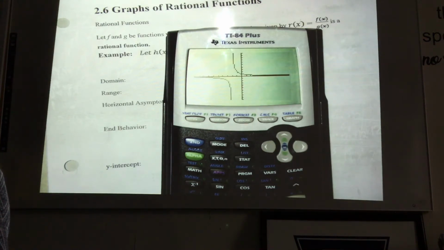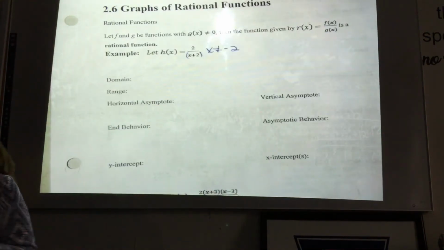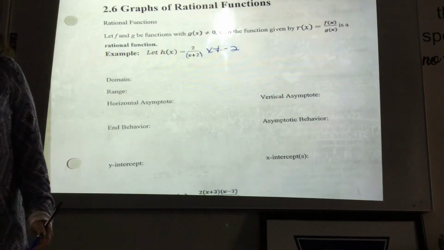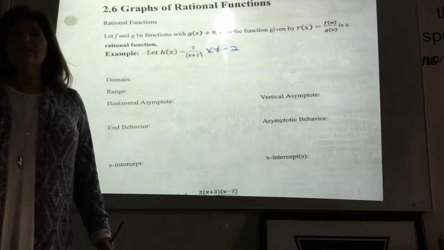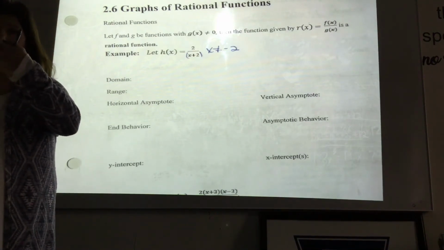Very basic. Now, just remembering, as we go through this, that domain is my x value. Domain is my x, range is my y. Domain is my input, y is my output, y is my range. All of that interconnects, okay?